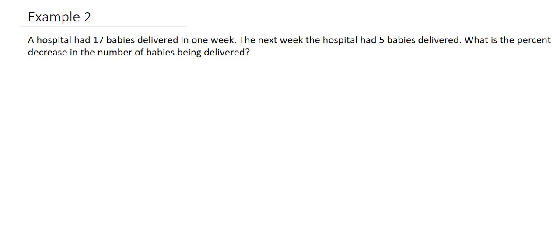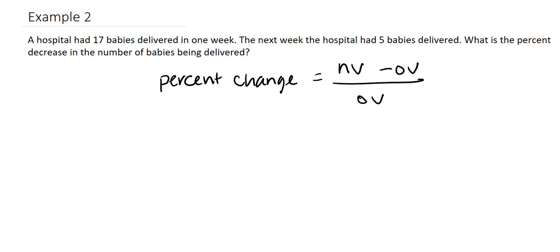So once again, we have the percent change, and we have the new value minus old value over old value times 100%. Now our new value is going to be this 5 babies, because that's the second week. Then our first week is our old value. So let's go ahead and fill this in.